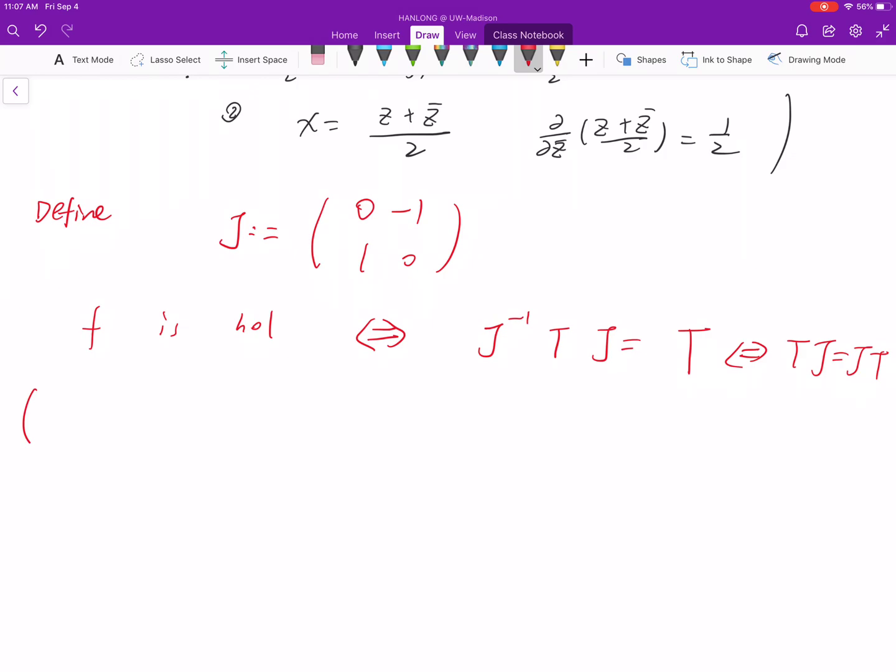So that comes back to my first intuitive definition of complex differentiable or holomorphic function, a linear transformation with respect to symmetry.